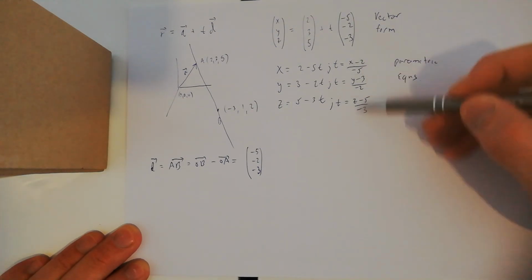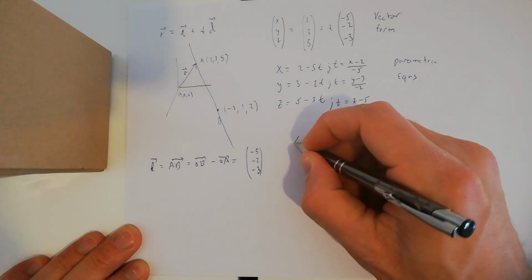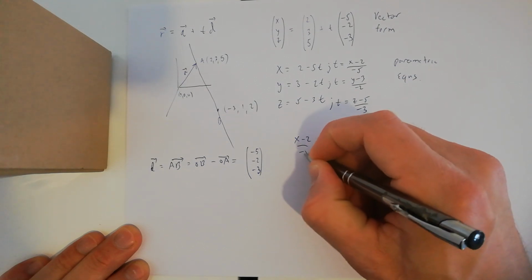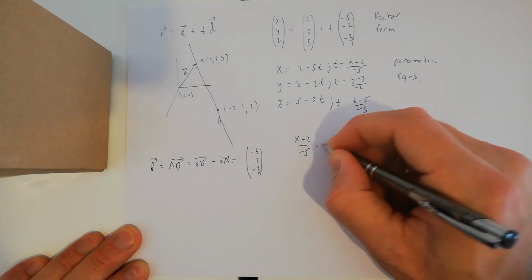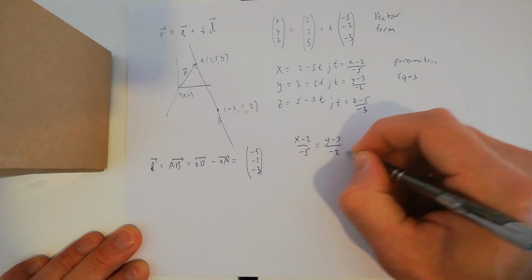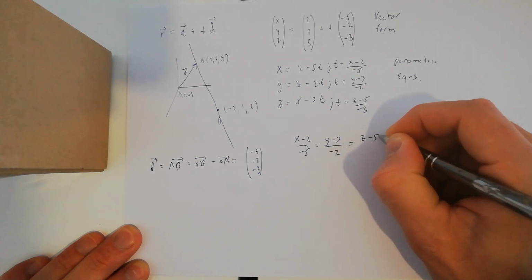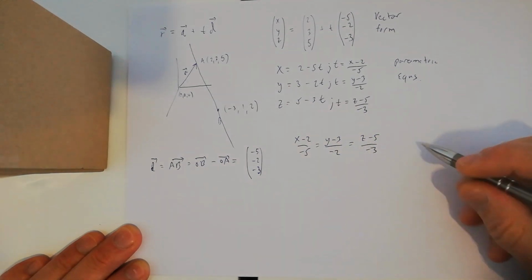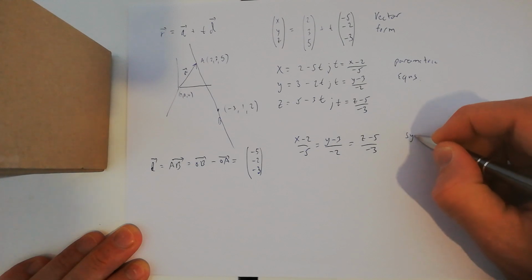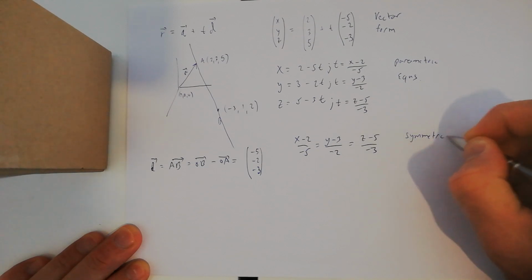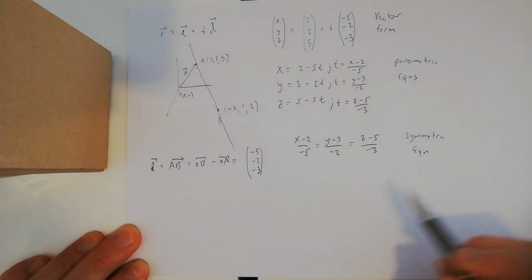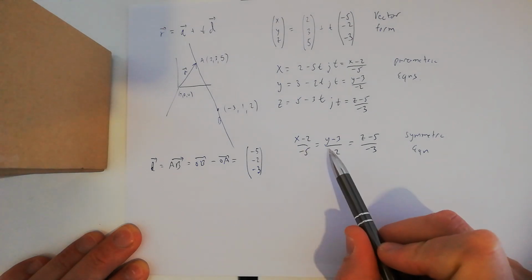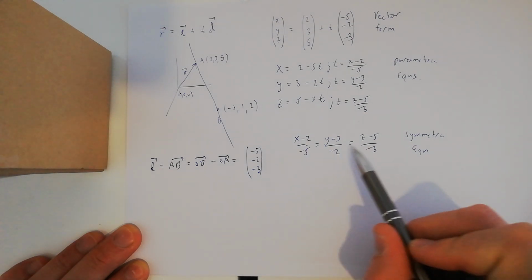From here we can see that all of these are equal to t, therefore we can equate them. So (x minus 2) over minus 5 equals (y minus 3) over minus 2 equals (z minus 5) over minus 3. And this is called the symmetric equation of the line. In reality, these are 3 equations. This equals that, this equals that, and this equals that.